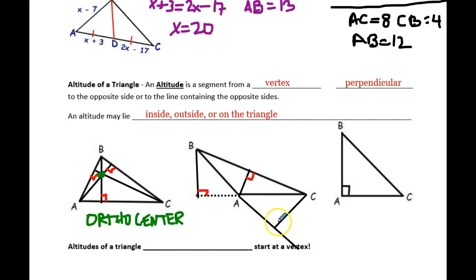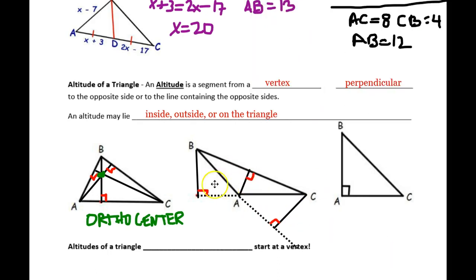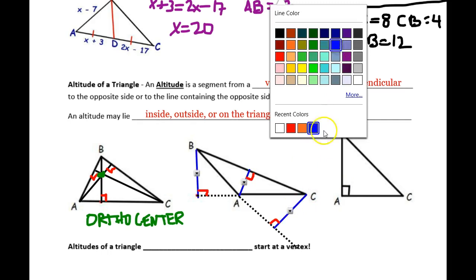Now my orthocenter is where all 3 of these lines are going to meet. So let me make this dash so it's a little easier to see. If I make these blue, maybe there we go.